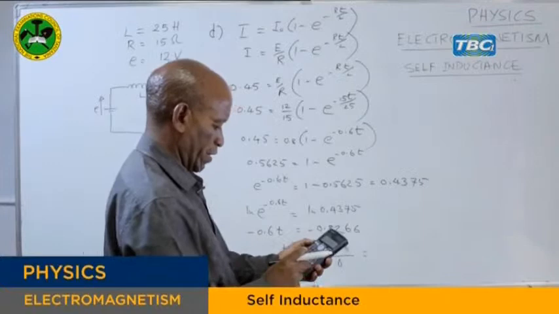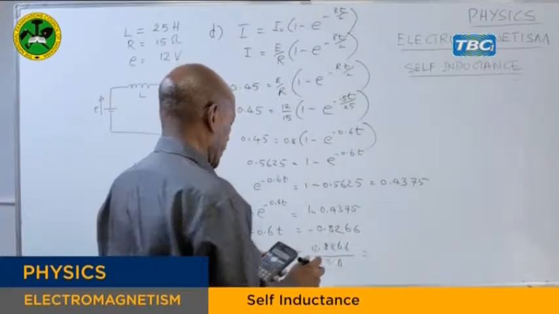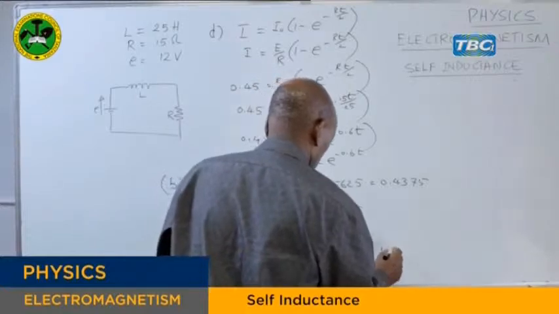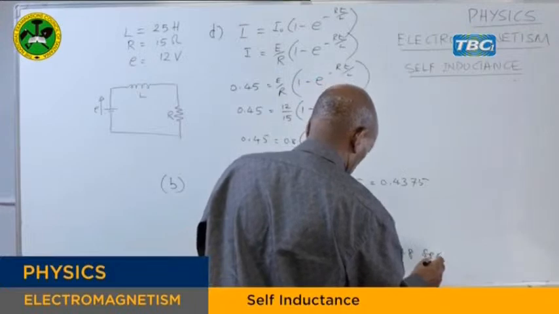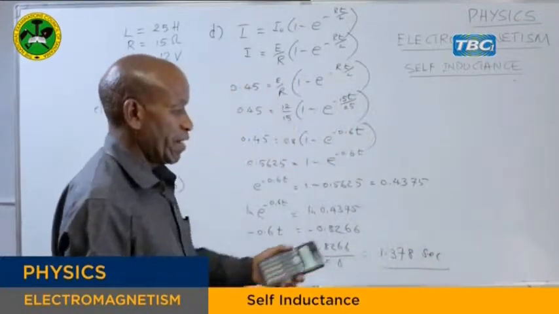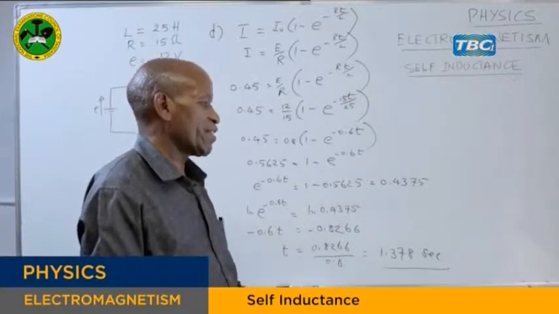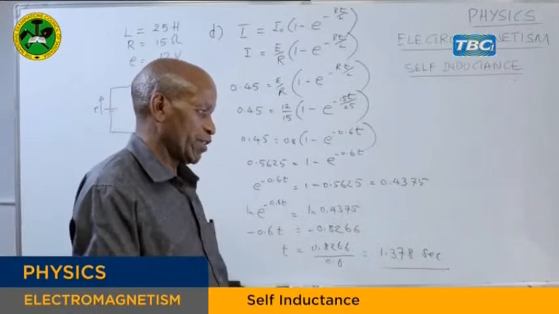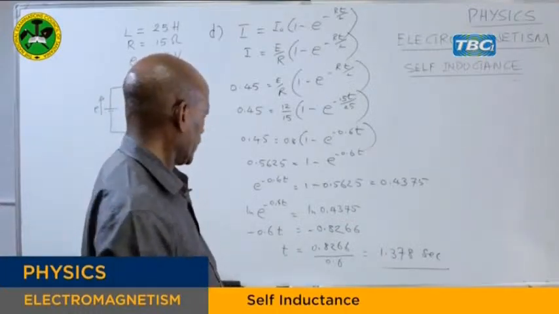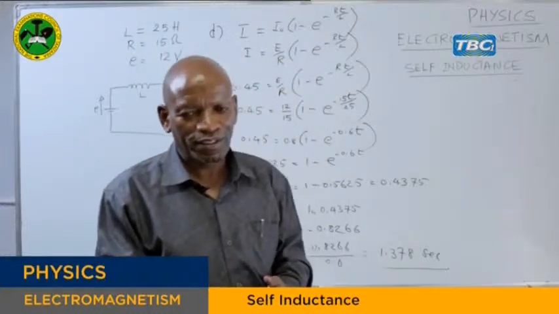If we divide it by 0.6, this is equal to 1.377 seconds. So it will take 1.378 seconds for the current to grow up to be 0.45 ampere. This is for part D.